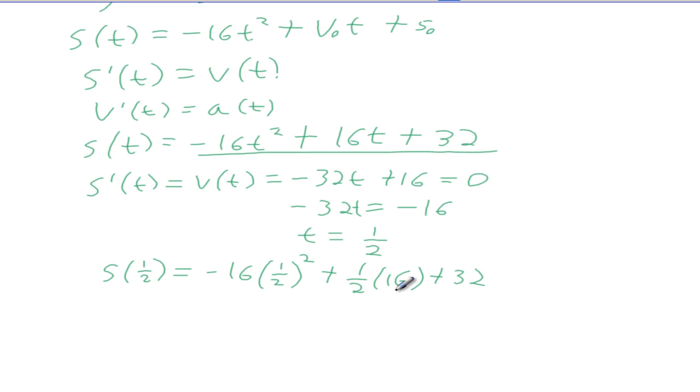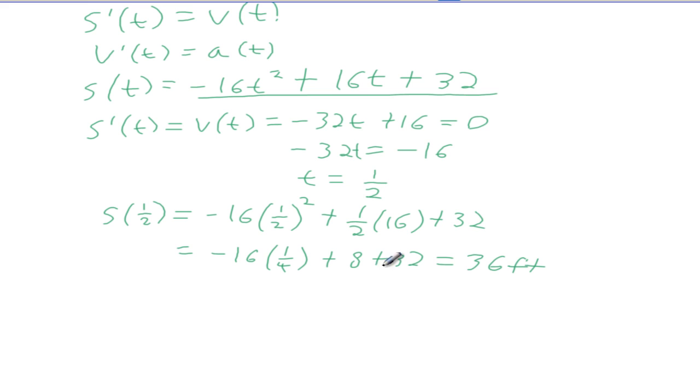This is simply plugging 1/2 into the position function. We'll simplify and get negative 16 times 1/4 plus 8 plus 32, which will be 40 minus 4, which is 36. So 36 feet was the maximum height it reached.